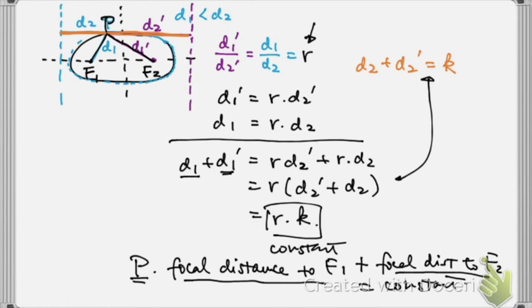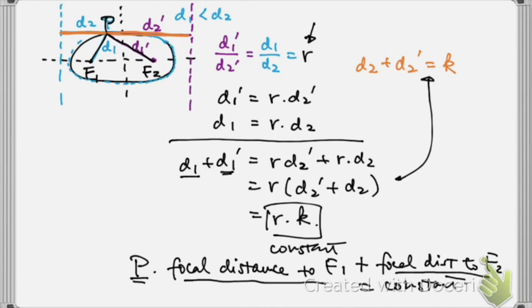So what it means is that an ellipse has this very interesting property: for any given point P on the ellipse, its focal distance to the first focal point plus the focal distance to the second focal point, if you add them together, is always equal to a constant.